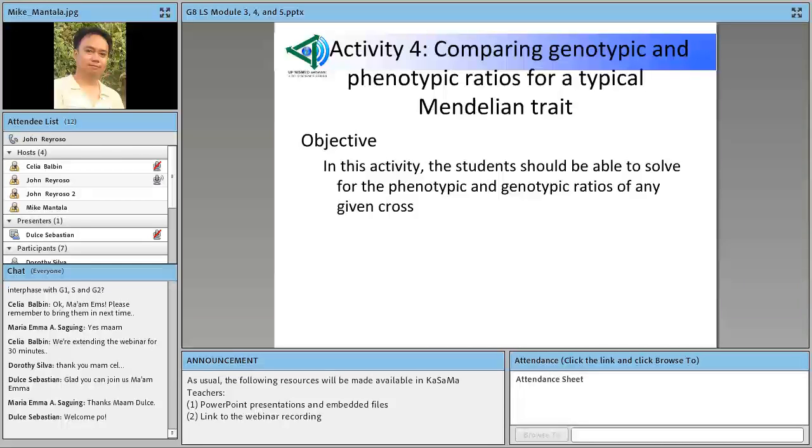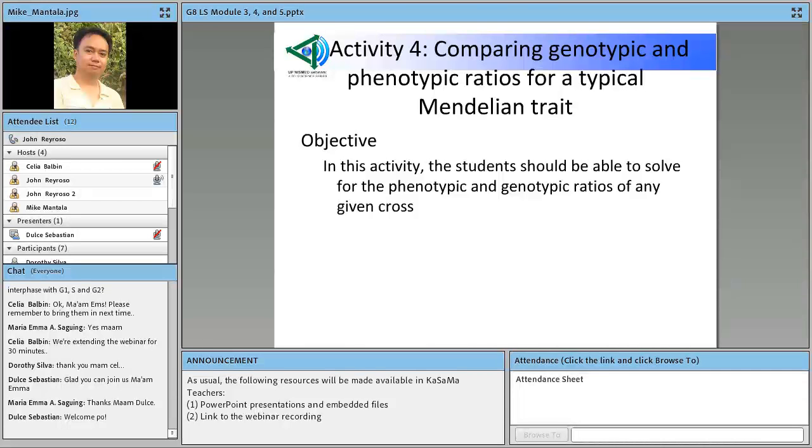Genotype refers, of course, to the genetic makeup of an individual. So how does it differ from a phenotype? Phenotype is the physical characteristic that you see in an individual. Matangos ang kanyang ilong, singkit ang kanyang mga mata, kulot ang kanyang buhok. Those are the phenotypes, the physical characteristics that we actually see in an individual, which of course we cannot do with a genotype.